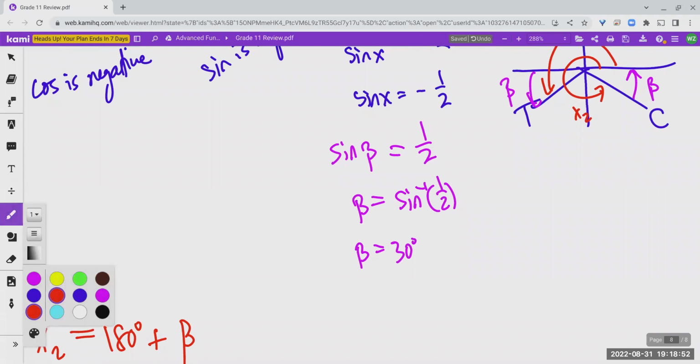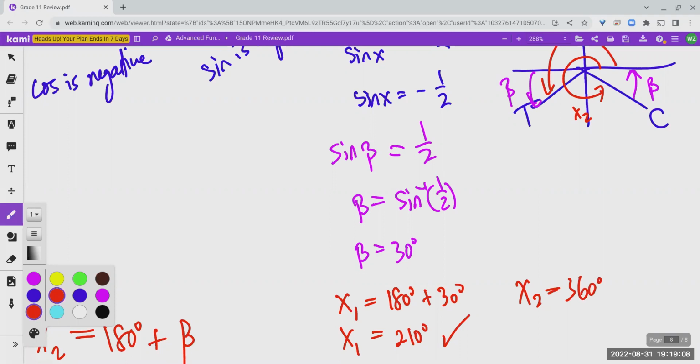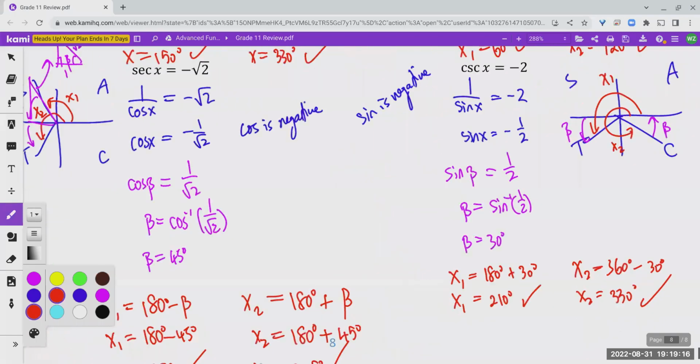Well, if you don't memorize special triangles, just use a calculator. Okay, so what about x? So x1 is just 180 plus 30. x1 is 210. x2 is 360 because you got to go all the way around minus beta, minus 30. So x2 is 330, and there you go, two answers.